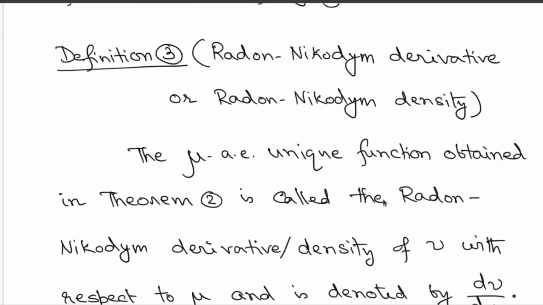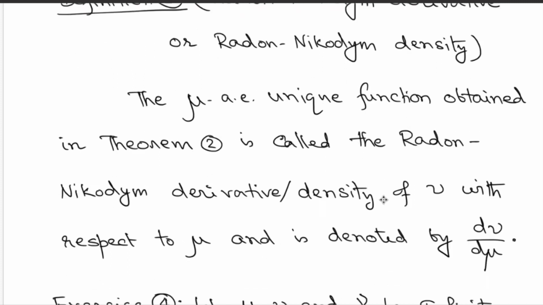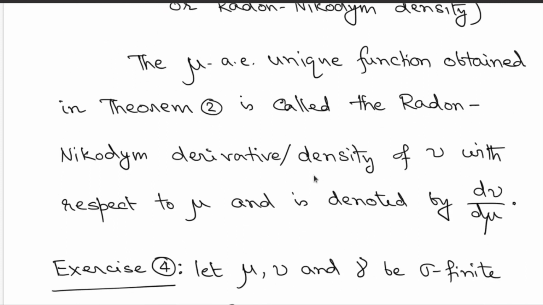Now with this theorem at hand, we make this definition. Call this almost everywhere unique function that you have obtained the Radon-Nikodym derivative or Radon-Nikodym density of the second measure nu with respect to the first measure mu, and you are going to denote this by d nu over d mu.